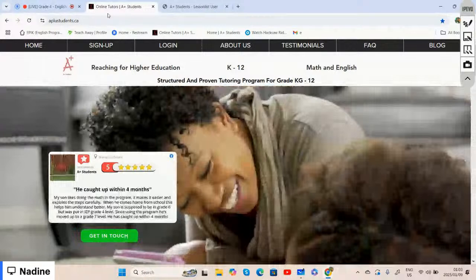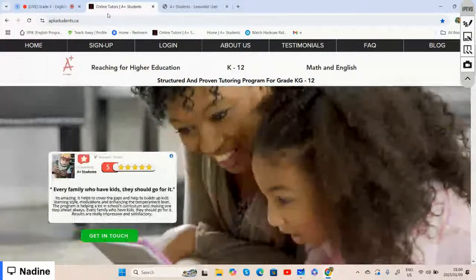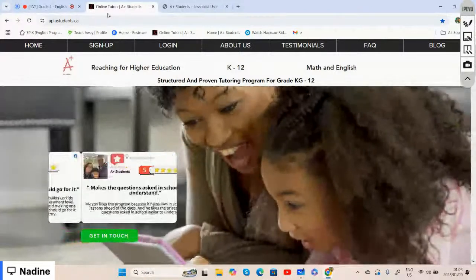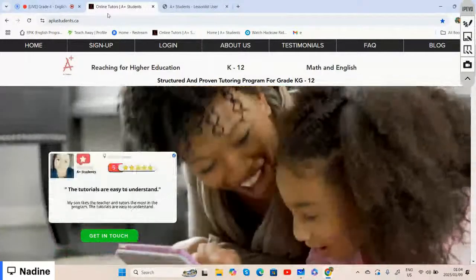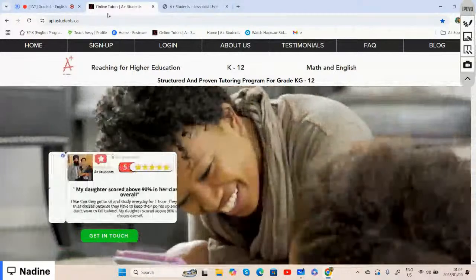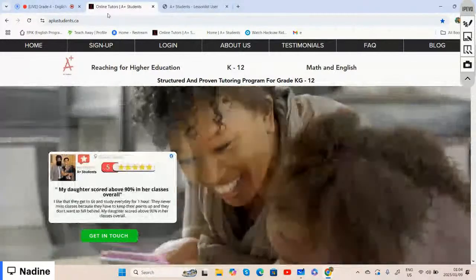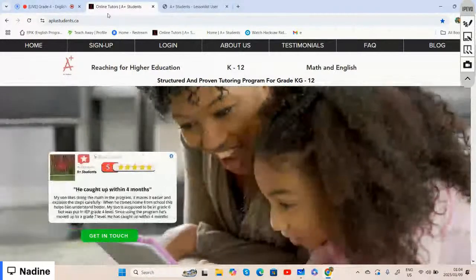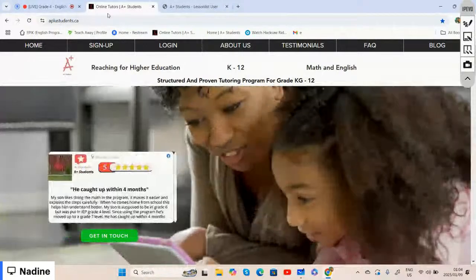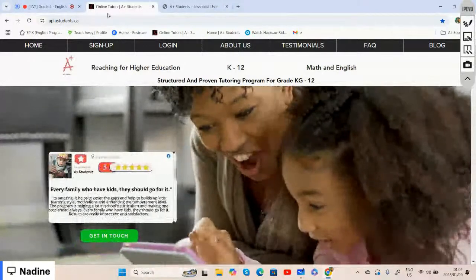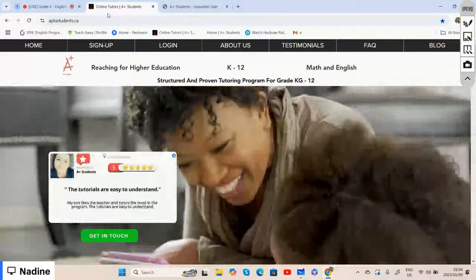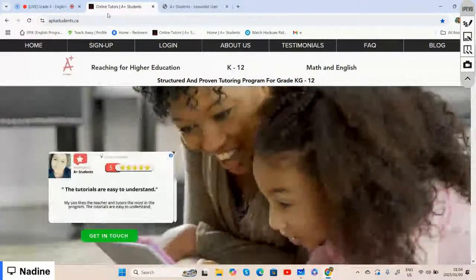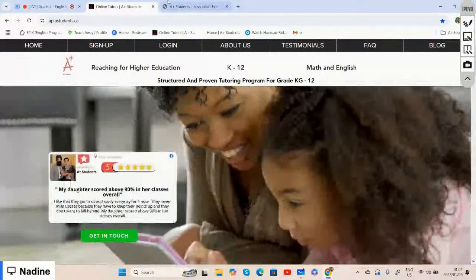Then we're going to select the subject of English language arts. We're doing grade 4. And then we're going to scroll down until we get to our chapter of related words.